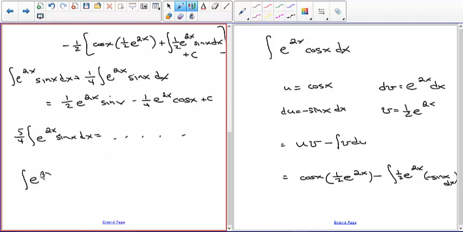So you get the original integral, e to the 2x sine x dx, is equal to 4/5 times this thing, 1/2 e to the 2x sine x minus 1/4 e to the 2x cosine x, whole thing plus c.